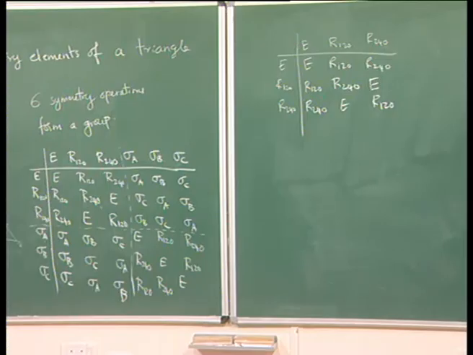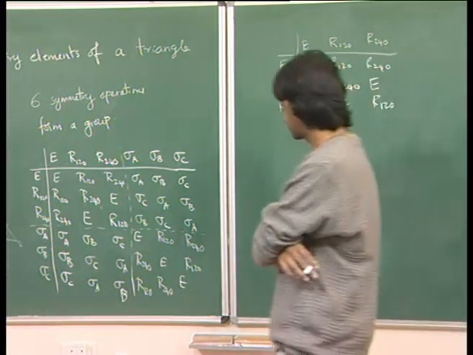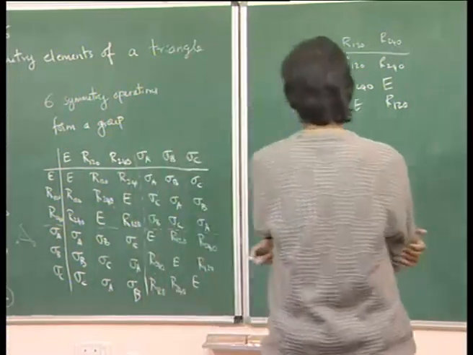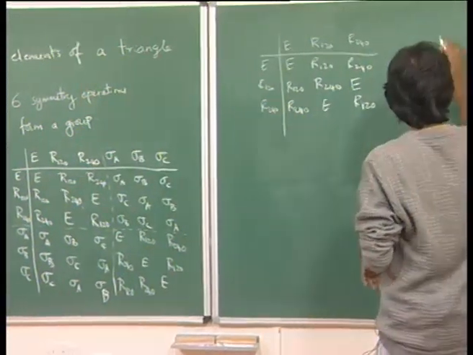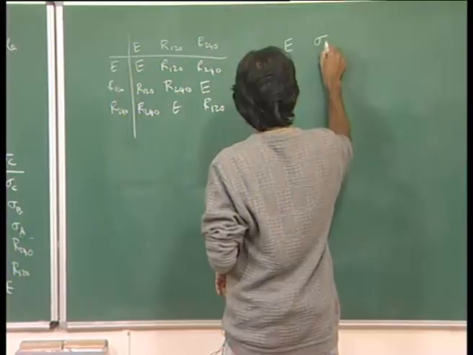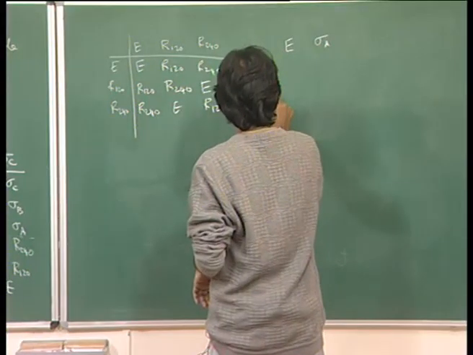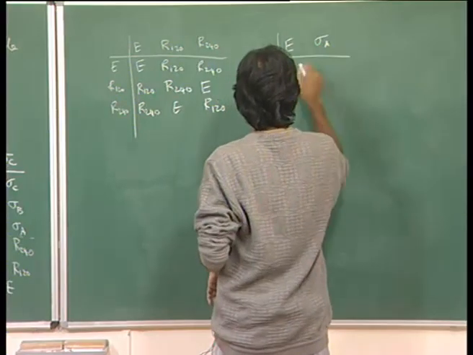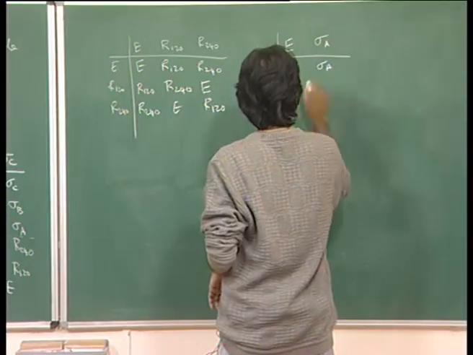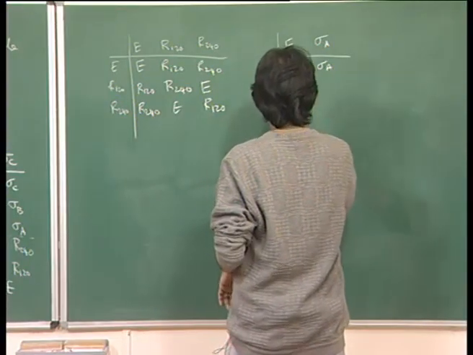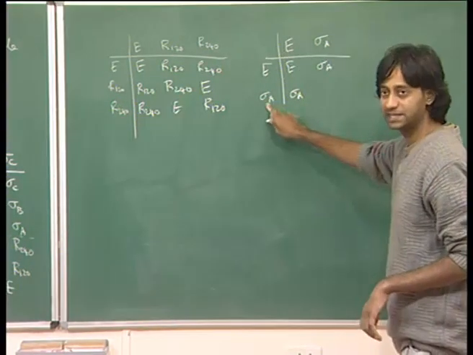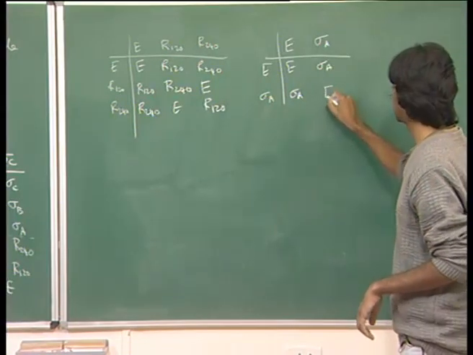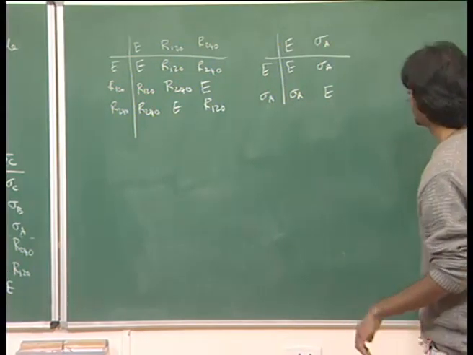Okay. Are there other groups in here? Well, you can always construct a group like E, sigma A, because the inverse of sigma A is sigma A itself, because sigma A square is identity.